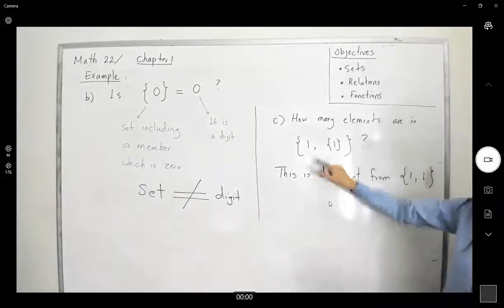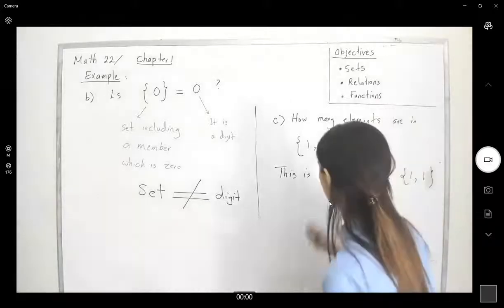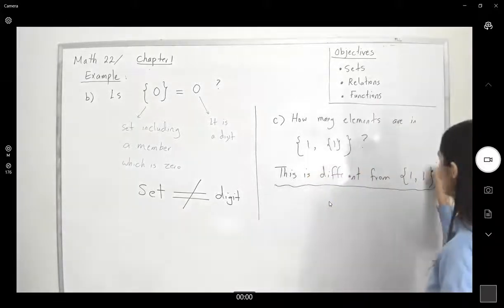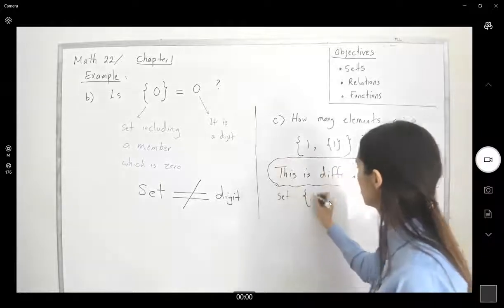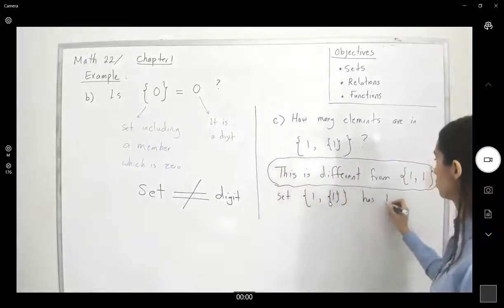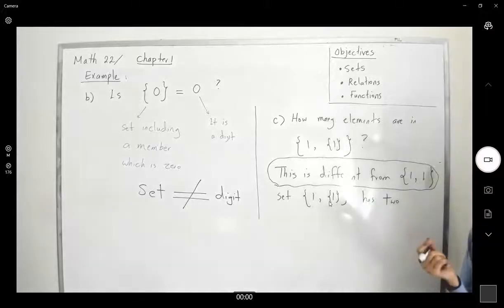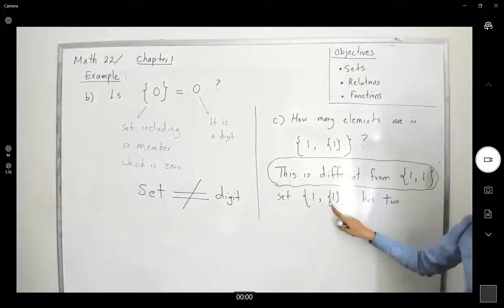This set has two objects. Set including 1 and set 1 has two different objects. One of them is just a digit, the other one is a set.